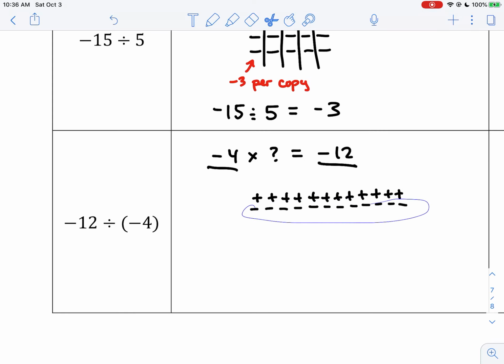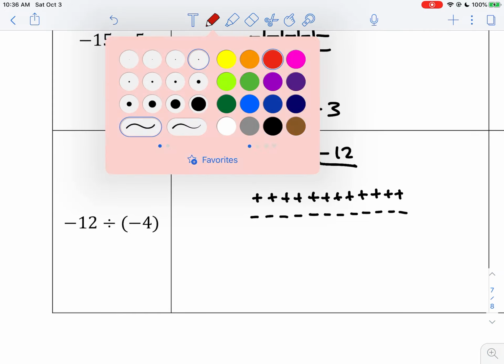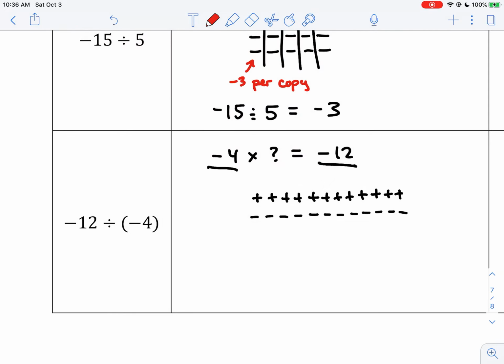So you break those into, let me move this down a little bit. Oops, there you go. I want to remove the pluses so that the result will be a minus. So you have 12 pluses, and we want to do that in 4 copies, and so the copies will be groups of 3 pluses.